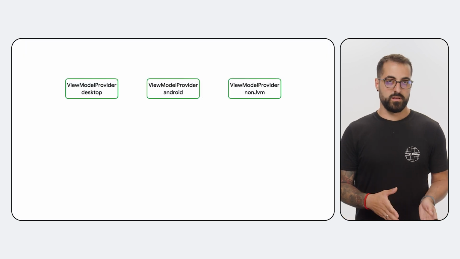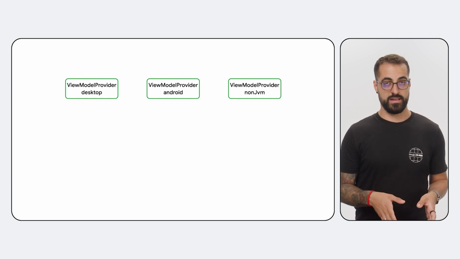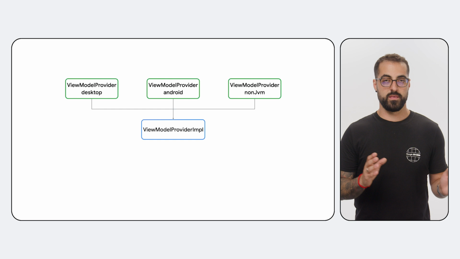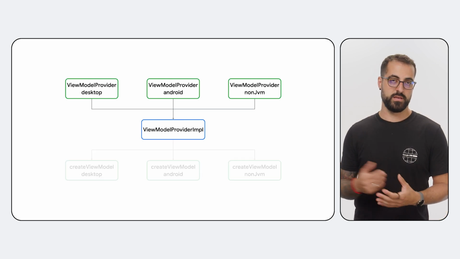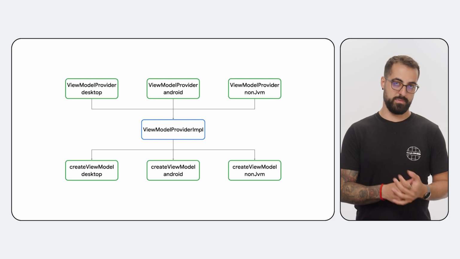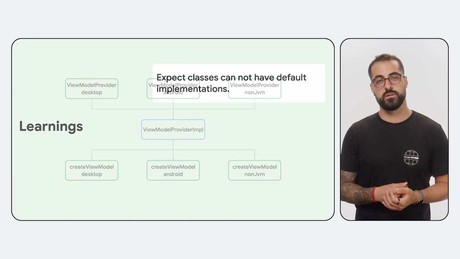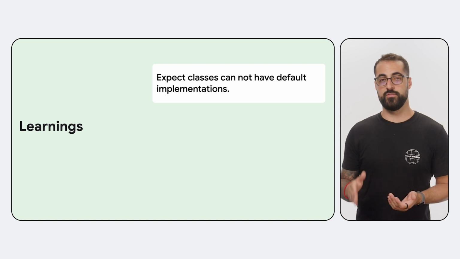In other words, what we are doing here is we have multiple implementations of the ViewModelProvider per platform. We have a shared ViewModelProvider implementation that is shared across all platforms. And again, we have multiple implementations of the createViewModel function per platform target. The learning here is, first, expect classes cannot have the full implementations.